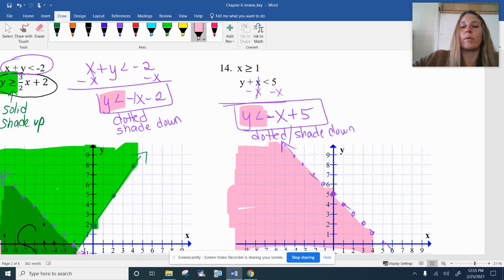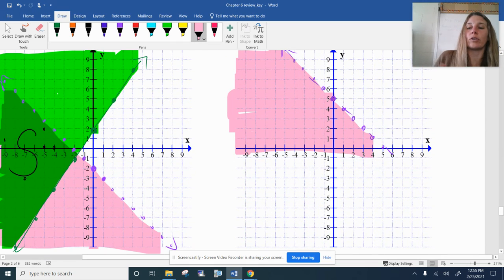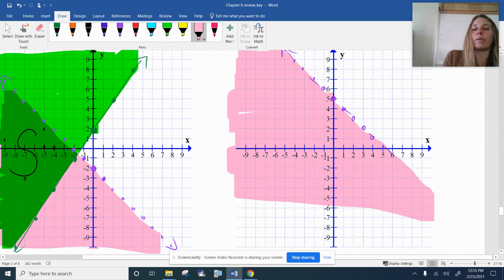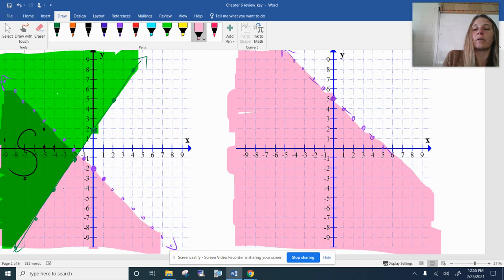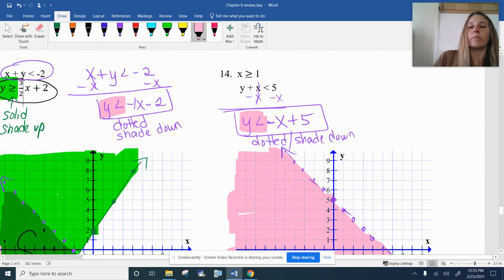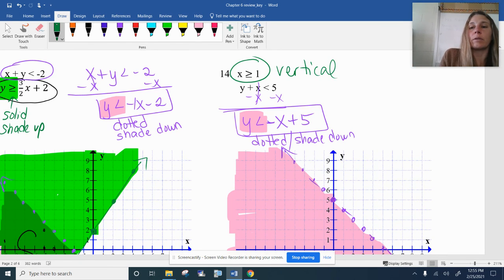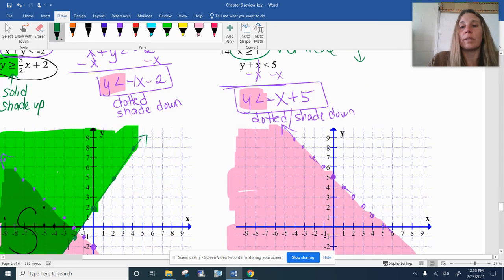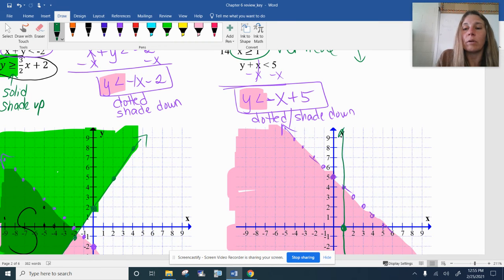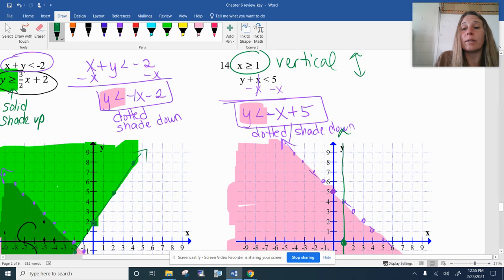Okay, now the other equation is an x equation. So I think we did one of those probably the first day we did this lesson. But this is a vertical line. It's going to go straight up and down. So you find the one on the x-axis, and we're going to do a solid line here because it has the equal to it, and x is greater than.